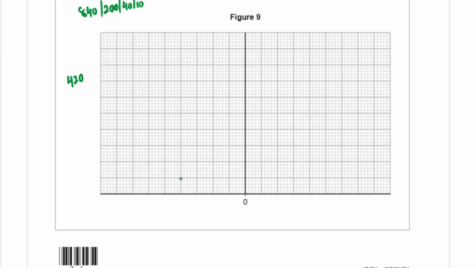So if that is 100, 200, 300, 400, then that will be 50, isn't it?